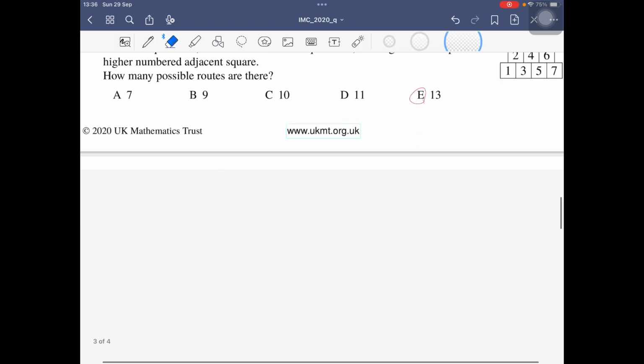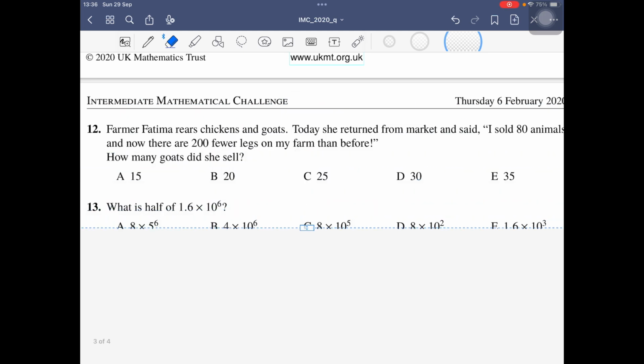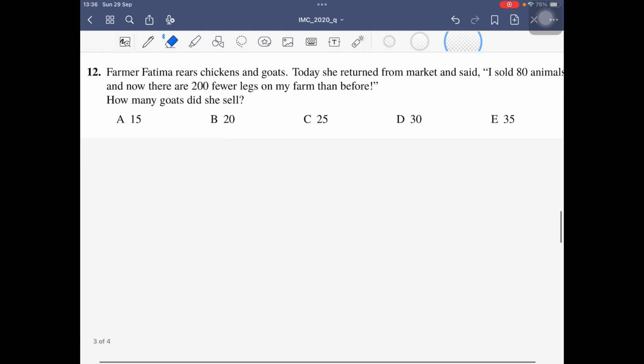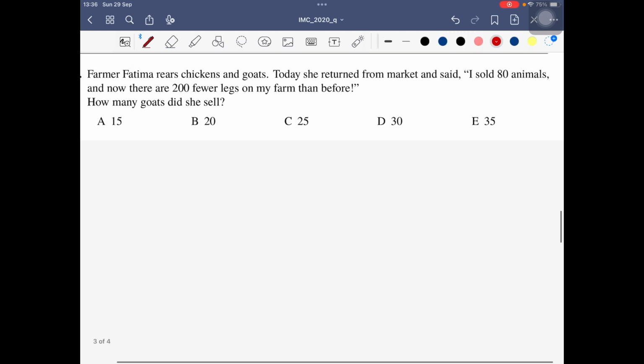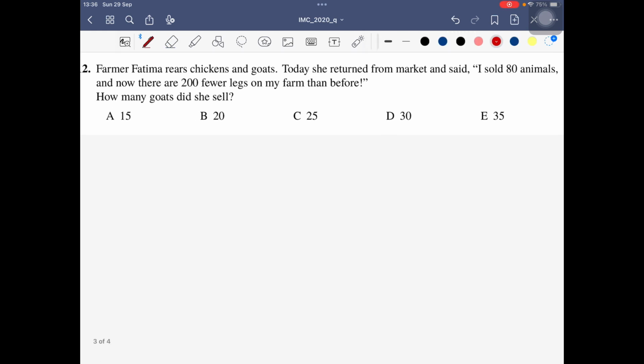Let's go to the next one. Farmer Fatima, chickens and goats. I sold 80 animals. So chickens plus goats sold is 80. Now there are 200 fewer legs. Chicken has 2 legs. Goat has 4 legs.